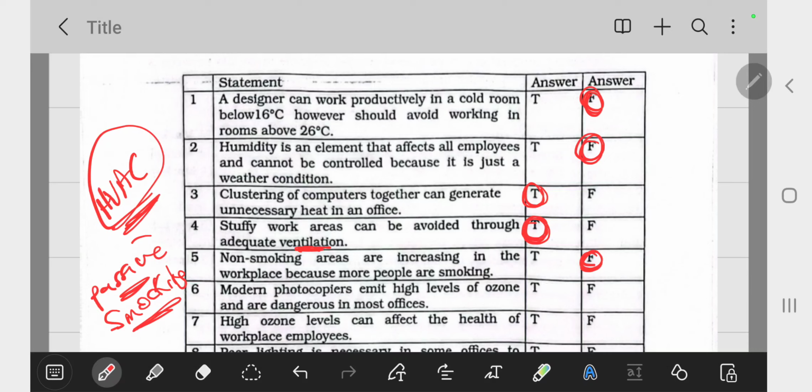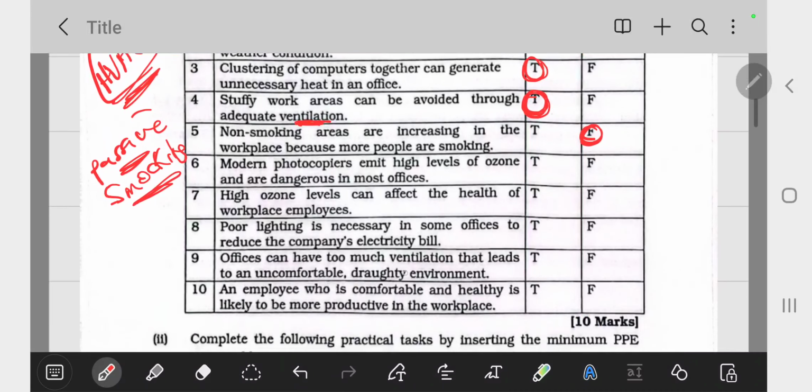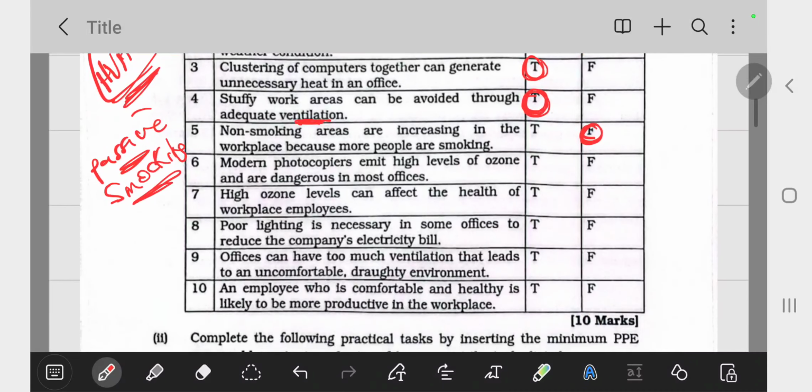Then number 6, modern photocopiers emit high levels of ozone and are dangerous in most offices. This statement is not true. The reason is, why would they allow photocopiers which emit high levels of ozone to be sold in the first place? If you go to places like America, they are very strict when it comes to products being sold on the market.